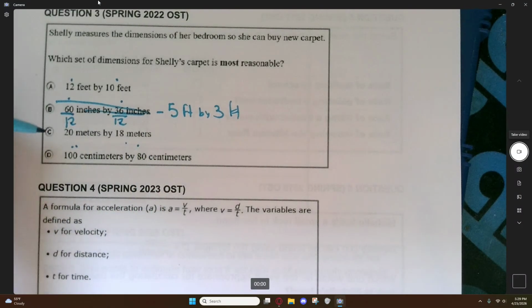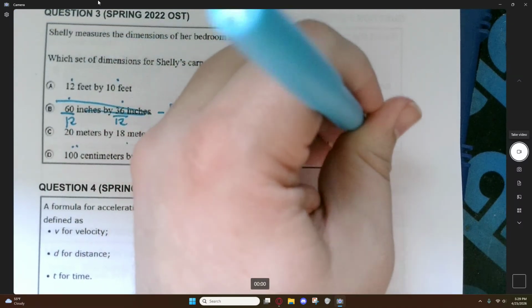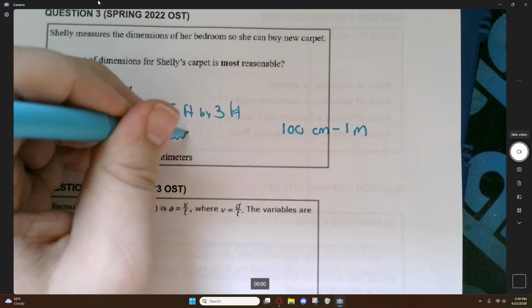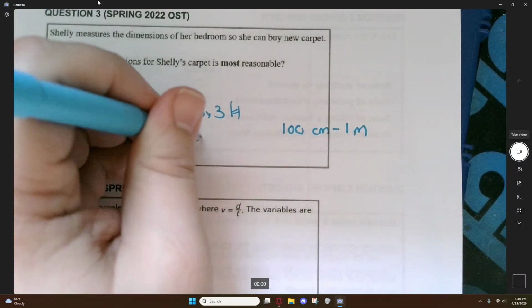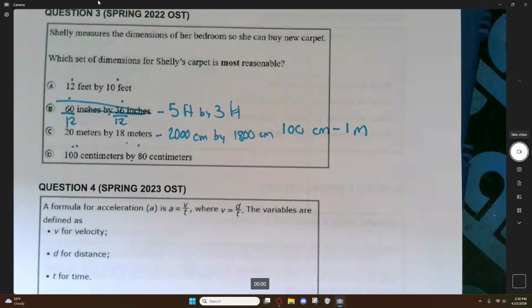Okay, let's think about what this means. There are 100 centimeters in 1 meter. That would mean that this is 2,000 centimeters by 1,800 centimeters. Which, when you think about how small centimeters are, doesn't sound like a lot.